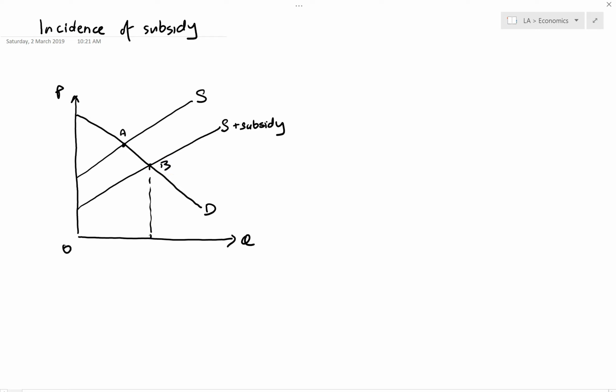Okay, now is the flip side. Now price has become lower. Quantity has increased. Okay?